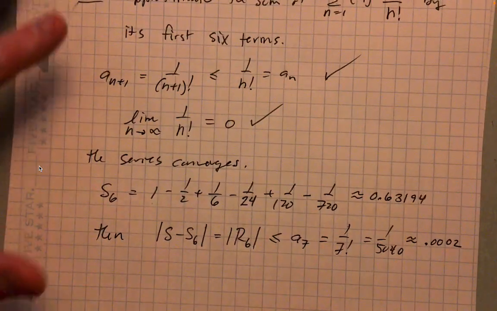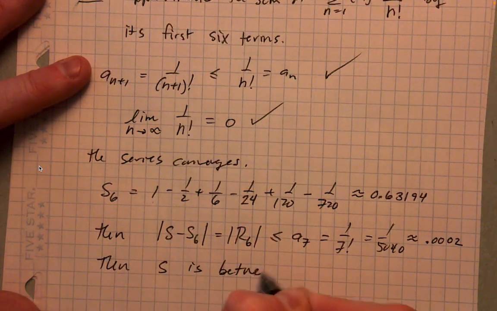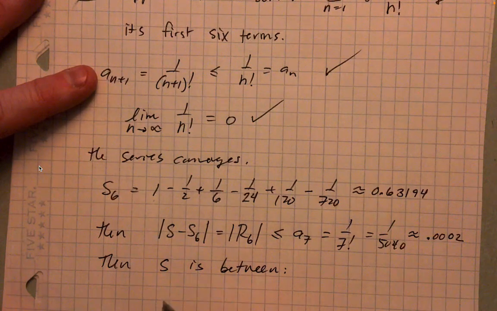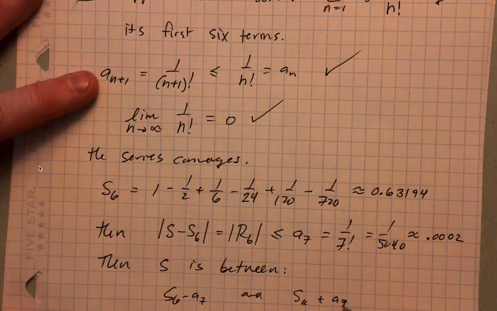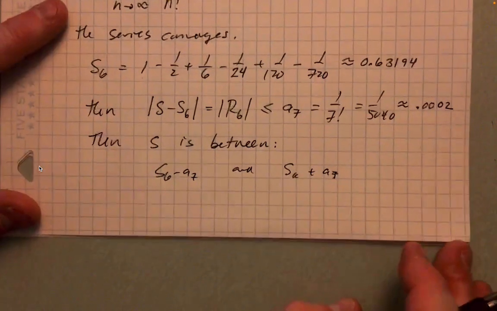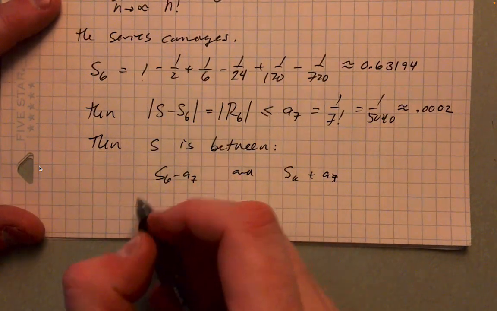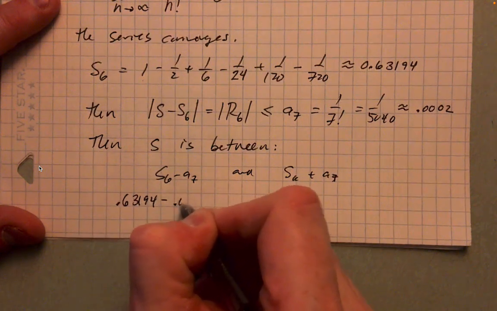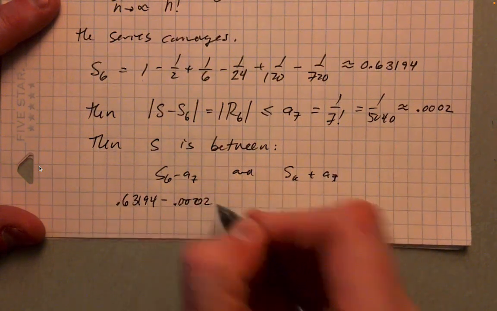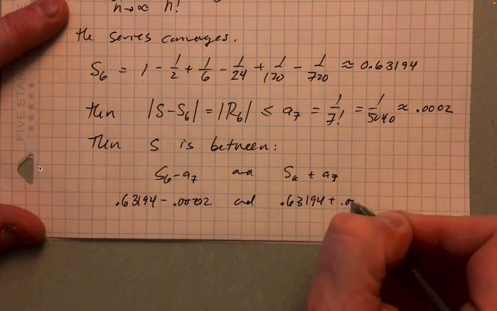Okay, so what we can say then is S is between S6 minus A7 and S6 plus A7, right? So it's going to be in that interval. And so practically speaking, this is going to be 0.63194 minus 0.0002 and 0.63194 plus 0.0002.